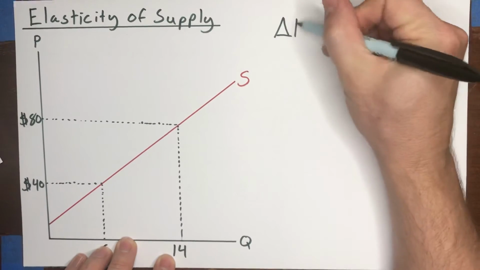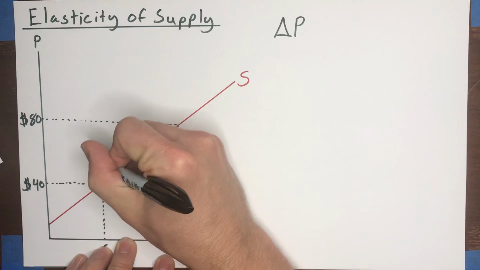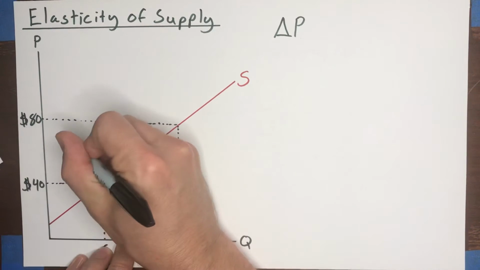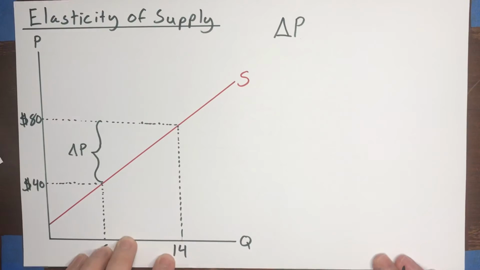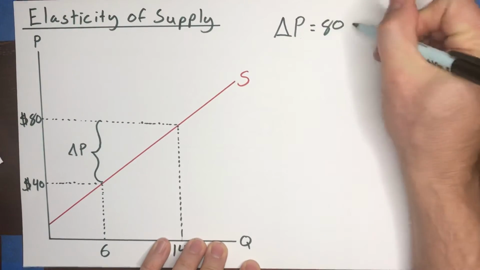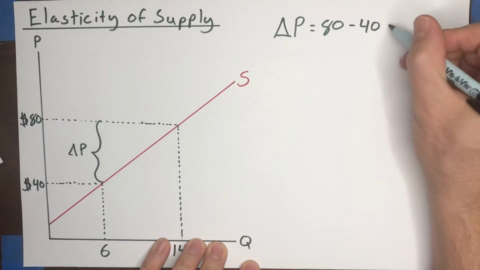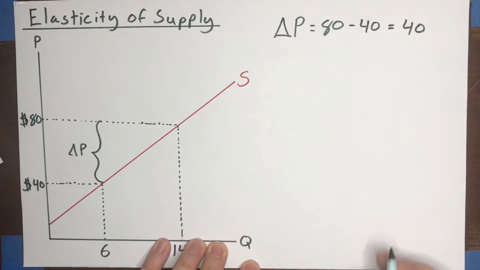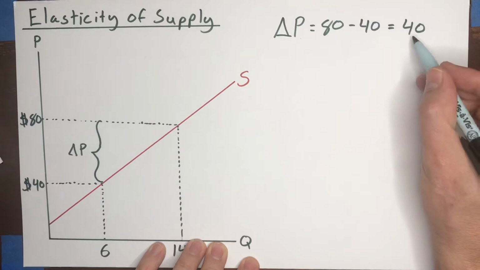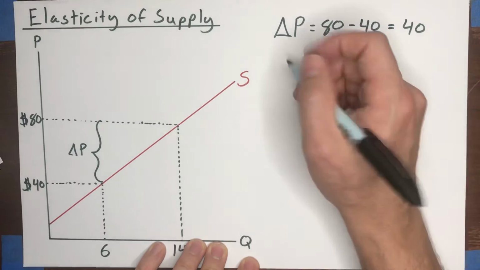We'll start with our change in price. That change in price is this distance right here. And we're simply going to take our new price of $80 and subtract out the old price of $40. That gives us a change of $40. Percentage change, just like when we're calculating it for elasticity of demand, we're going to divide the raw change by the average of the 2 prices.